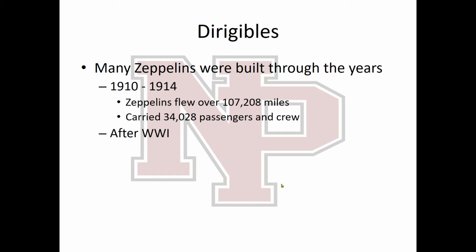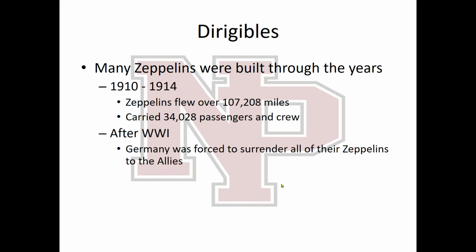So after World War One, they have a couple issues, and we're going to go back to Count Ferdinand von Zeppelin's country of heritage. His country is Germany. Well, after World War I, under the Treaty of Versailles, Germany was forced to surrender all of their Zeppelins to the Allied forces.